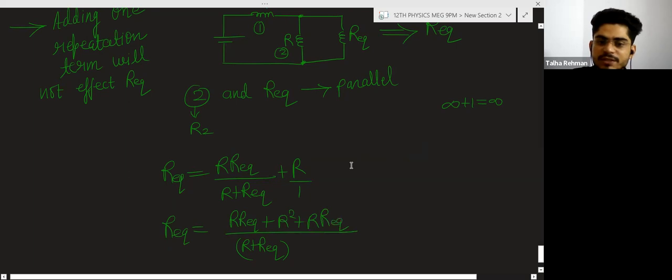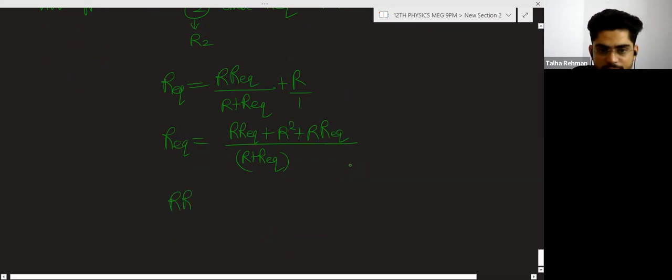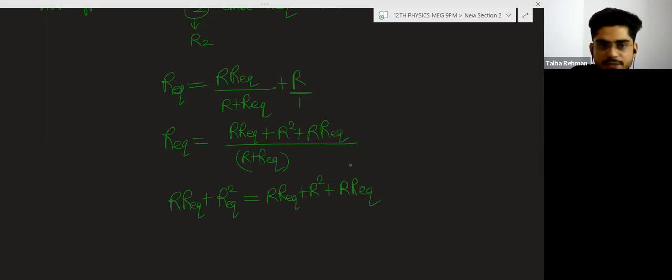Multiplying this with this will become R into R equivalent, and this will become R equivalent square.